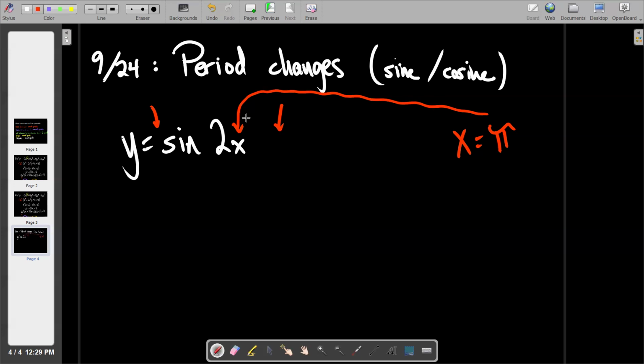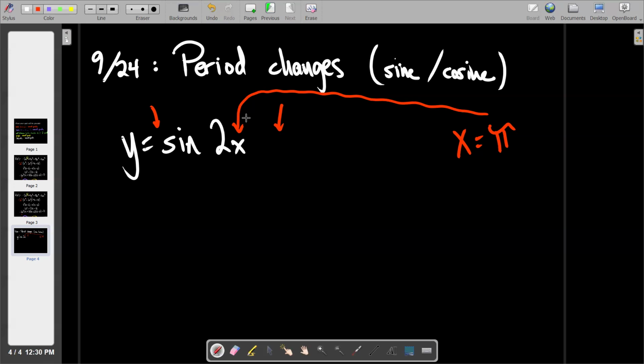Correct. So what's happening here is, how am I going to say this? I need less X to accomplish the same task. Like if I want to go all the way around the unit circle, I can get it done with only 1 pi, because when I put pi in there and multiply it by 2, it actually doubles the output, if you will.